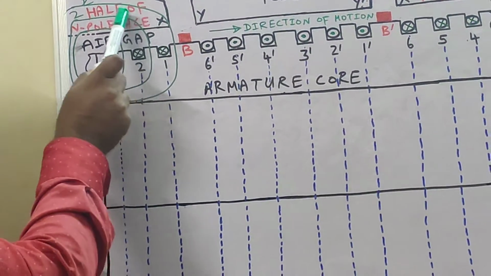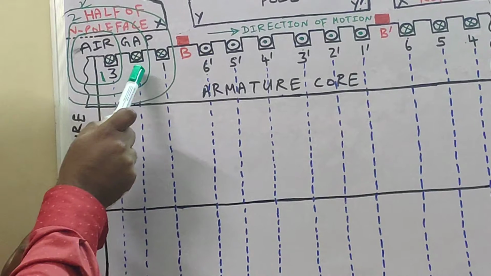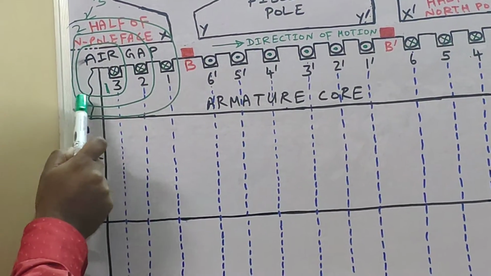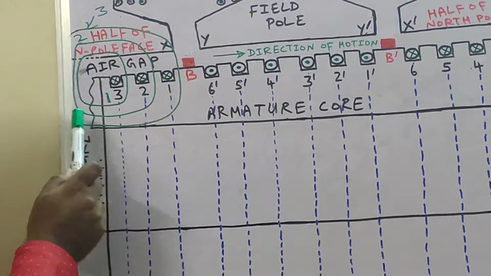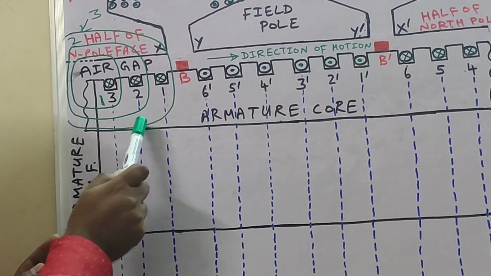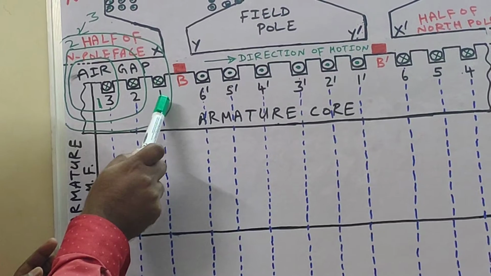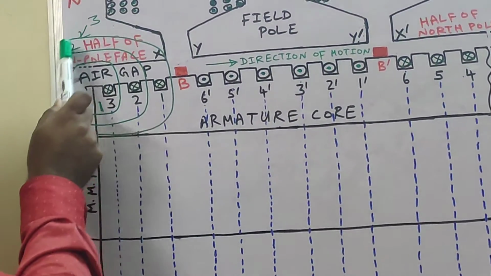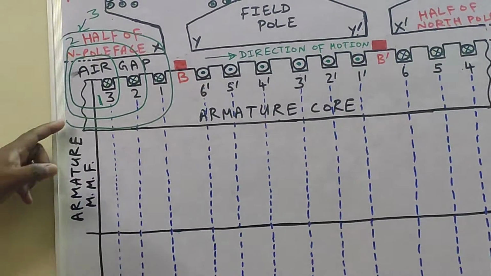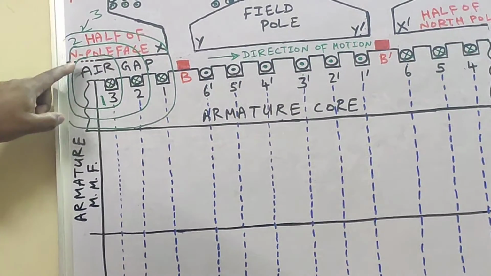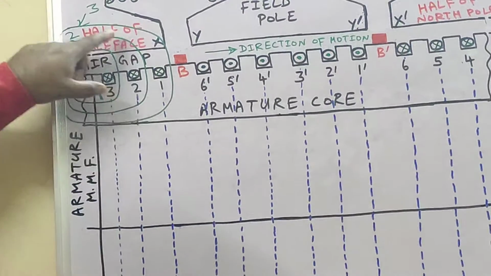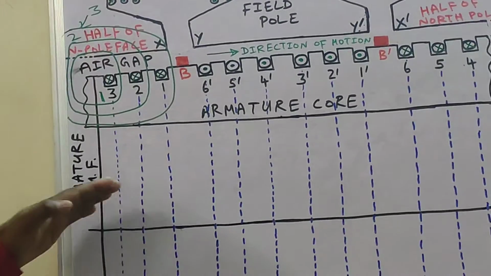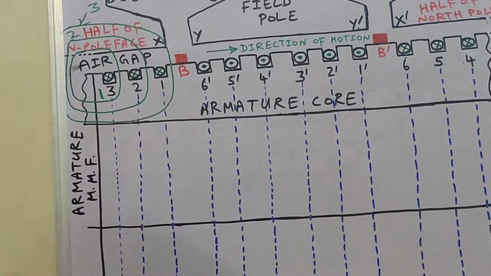Slot number 2 and 3 are there inside path number 2. Likewise for path number 3, slot number 1, 2, 3, so 3 slots are enclosed. So you see, as we go on taking different paths, the number of conductors enclosed keeps increasing. So MMF should also go on increasing.